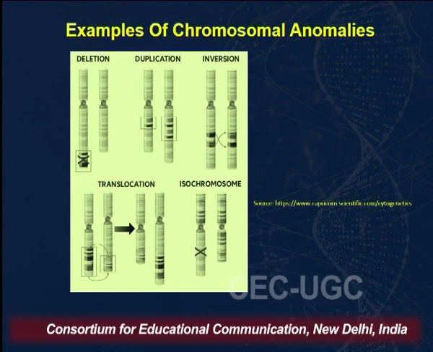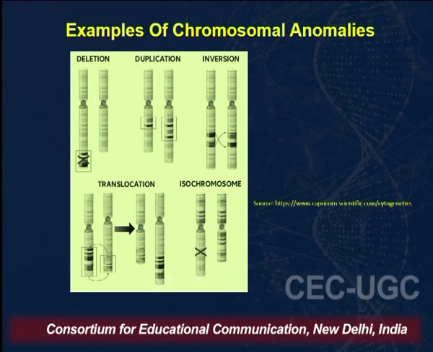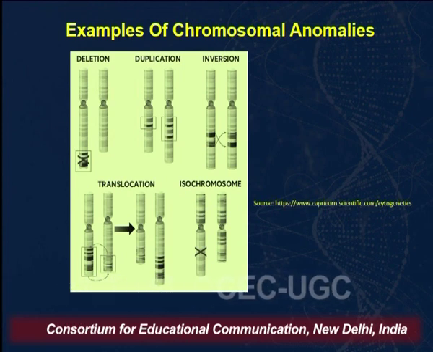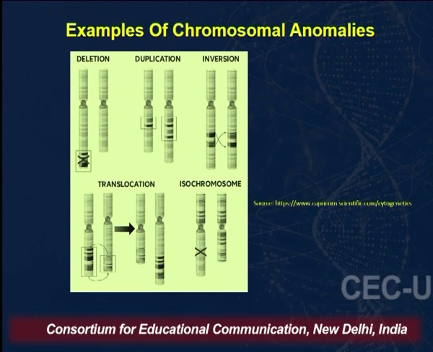Then comes the duplication, where a segment of the chromosome duplicates, or the copy number increases. So, the chromosome size increases because there is a duplicate copy of that particular gene, and finally the inversion, which means that a segment of the chromosome has inverted, flipped upside down.